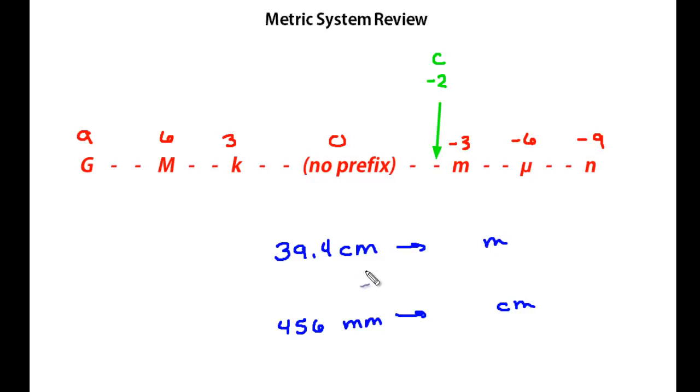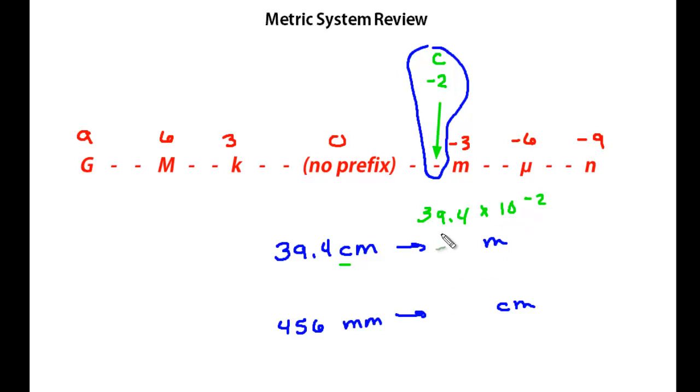So let's take a real quick look at it. This one is fairly straightforward. The centi is that unusual guy that sits out here in the middle, right here. Okay, and centi stands for -2. So I know that in reality I could just rewrite this as 39.4 times 10 to the -2 meters.